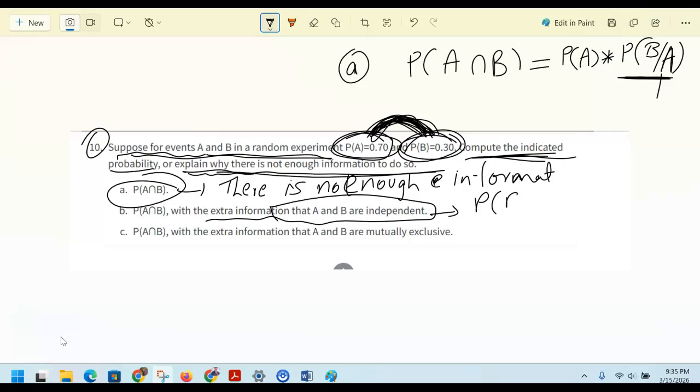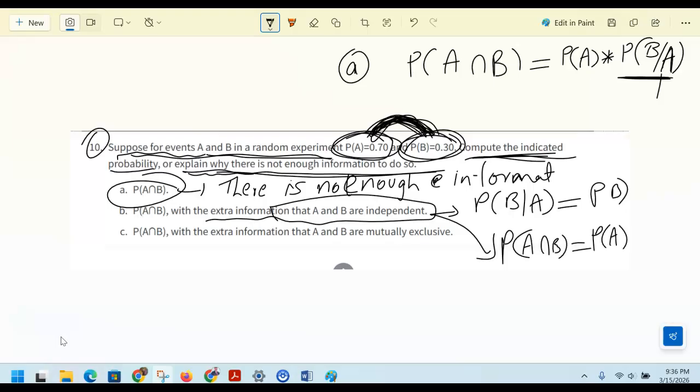It means probability of B when A occurred is the same as probability of B. So the formula for probability of A and B directly becomes probability of A times chances of B. A is given as 0.70 and B is given as 0.3. If you multiply, you get 0.21 and you're done.